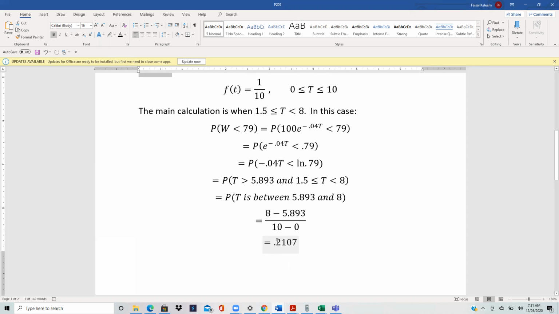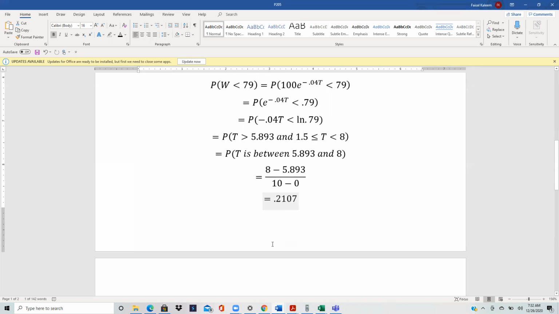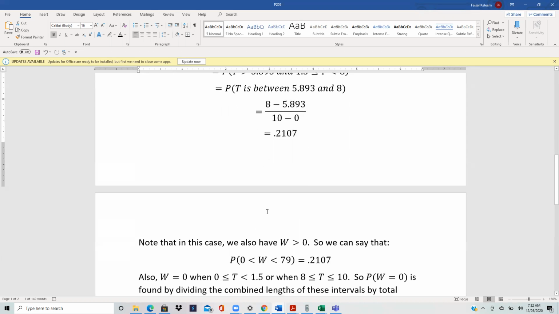And no matter how far out you go in time, the present value of a positive amount will always remain positive. So what we can say is that here actually W is between 0 and 79. So the probability of W between 0 and 79 is actually the 0.2107 that we calculated.